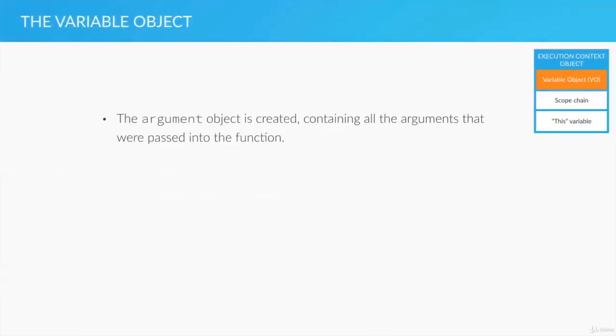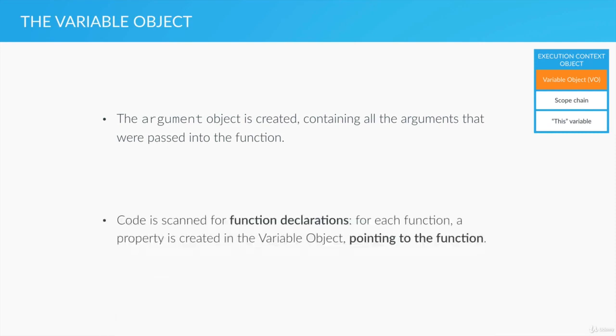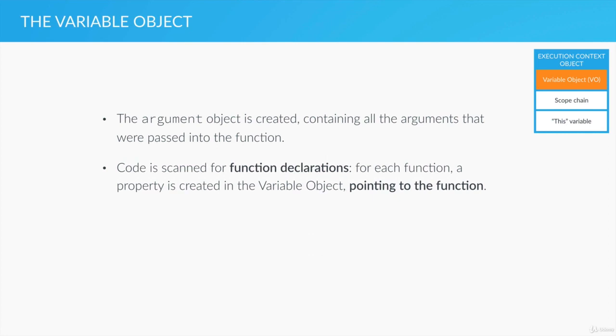So this is what happens in the creation of the variable object. The argument object is created, which contains all the arguments that were passed into the function. The code is scanned for function declarations, and for each function, a property is created in the variable object pointing to that function.